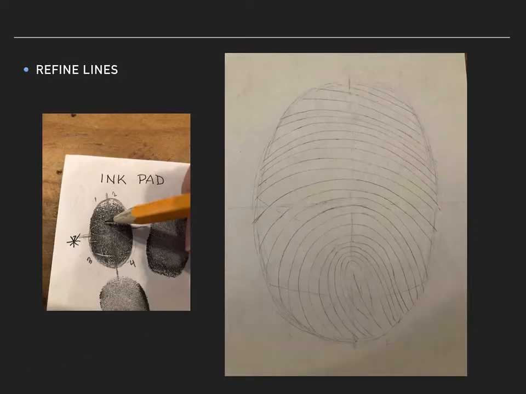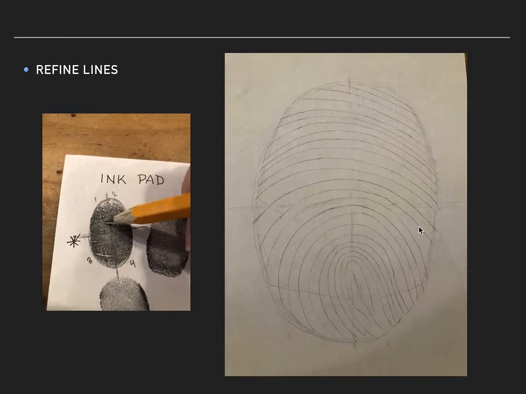You can see from here to here to here, I start adding more and more lines. Now, this is my final refined outline of my thumbprint. Realistically, I have way more lines on my thumbprint than I placed here, but you're adding text to this. You also want to lightly draw your lines in, because you're going to erase all of this eventually, since you'll be adding text over all of these lines.